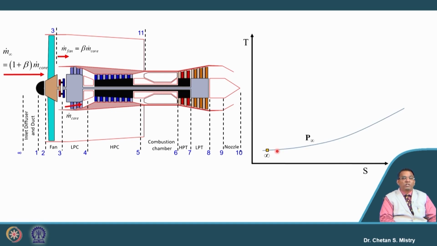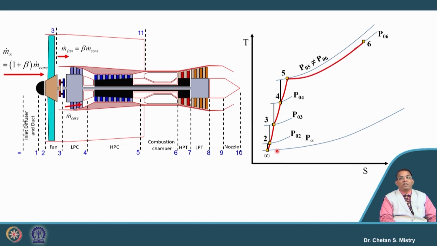Here, as we have discussed, we can represent process 2 to 3 as fan, 3 to 4 is my LP compressor, 4 to 5 is my HP compressor. Here we have our combustion process. From 6 to 7 represents expansion in the HP turbine, 7 to 8 represents expansion in my LP turbine.